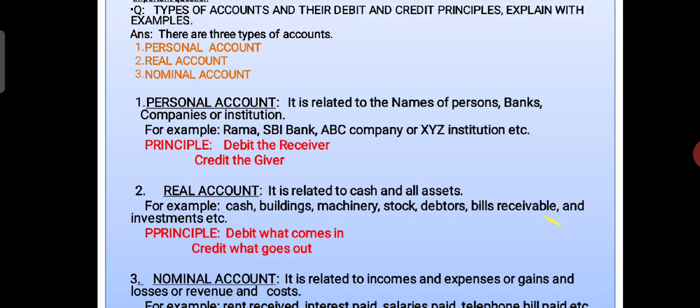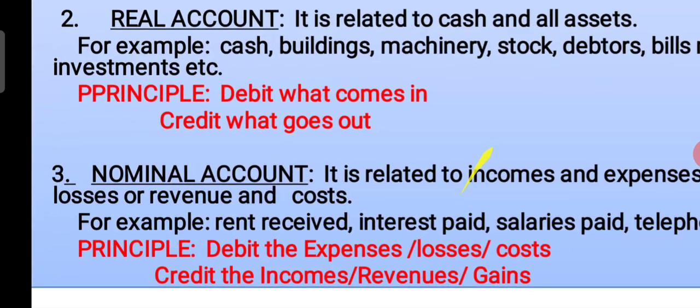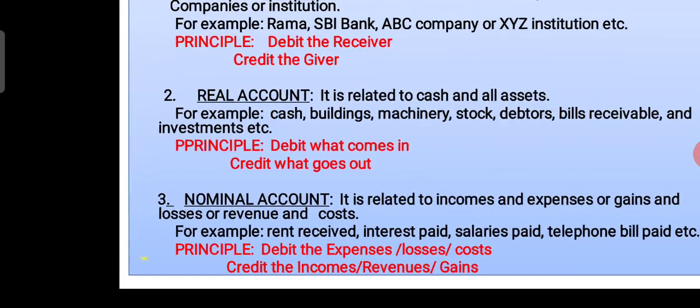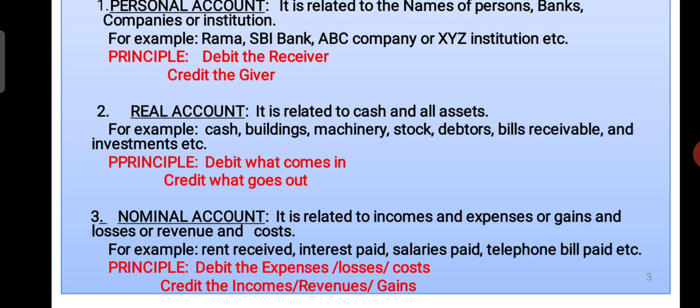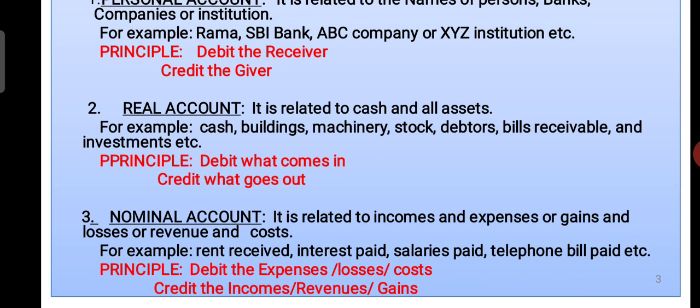Very good. Now come to the last and final account, that is nominal account. What is nominal account? It is related to incomes and expenses, or gains and losses, or revenues and costs. We can also say it is related to income, gains, revenues and losses, expenses and costs.